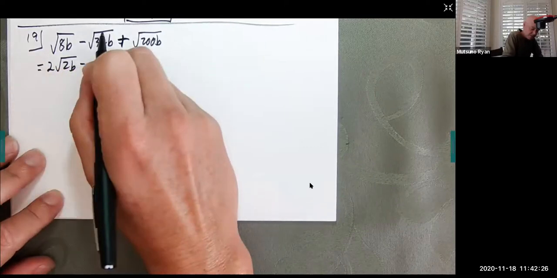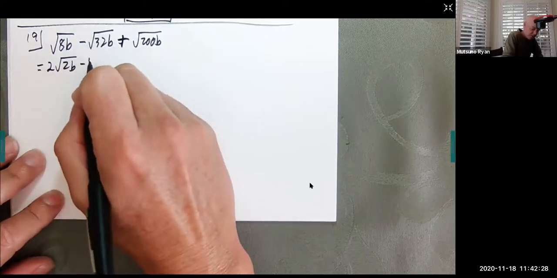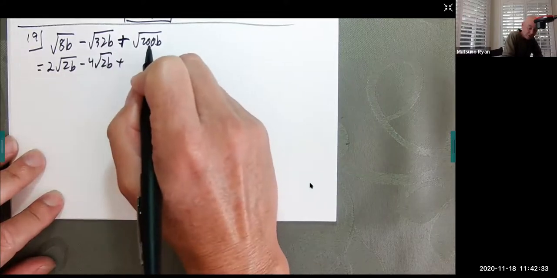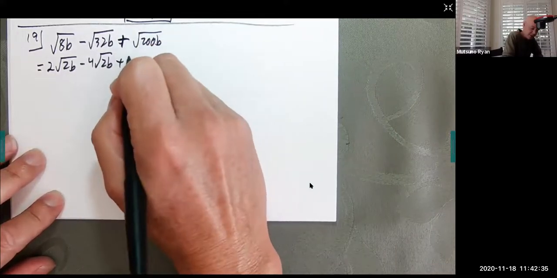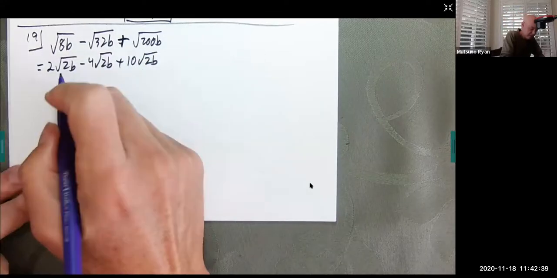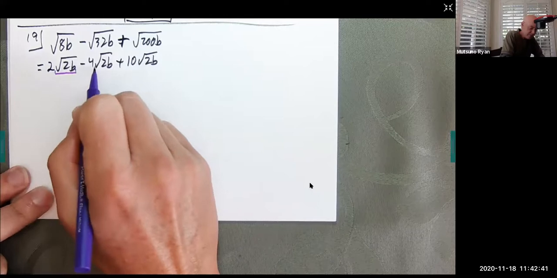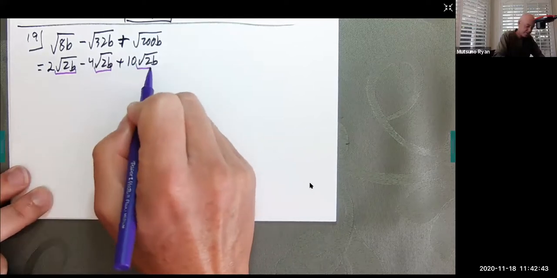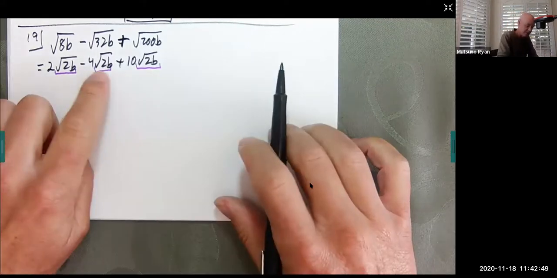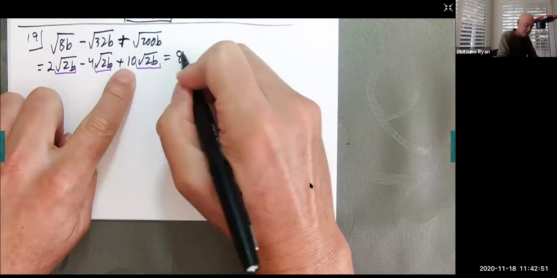This is 16 times 2, root 16 is 4, so 4 root 2b. And this is 2 times 100, square root of 100 is 10. You can see very nicely that this part is the same for all three, so I can actually combine them up. 2 minus 4 is negative 2, plus 10 is 8 root 2b.